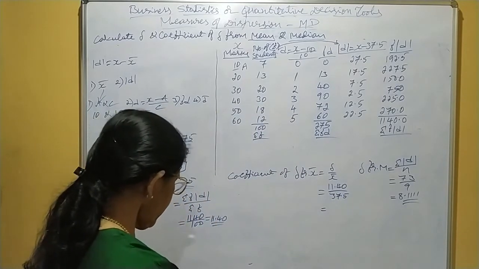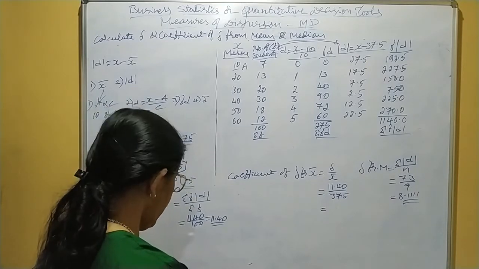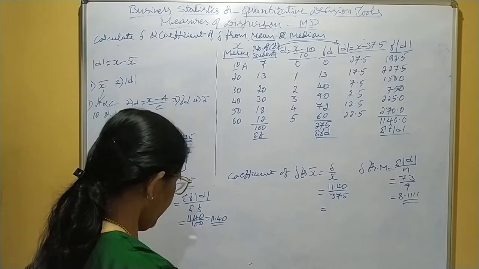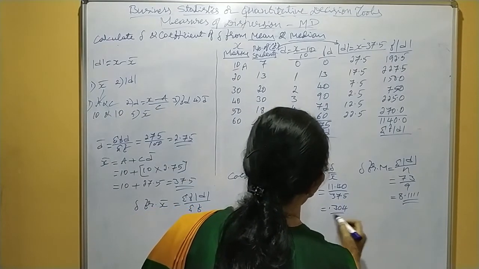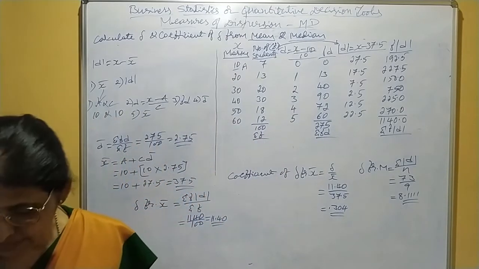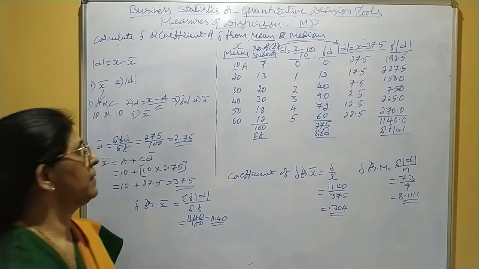Now 11.4 divided by 37.5 comes to 0.304. Okay, this is the coefficient of mean deviation from mean.